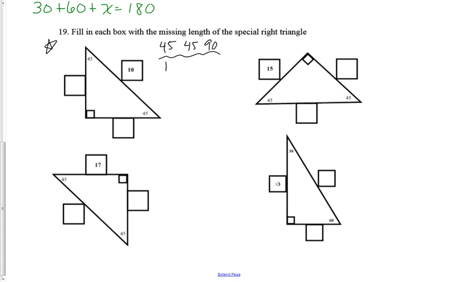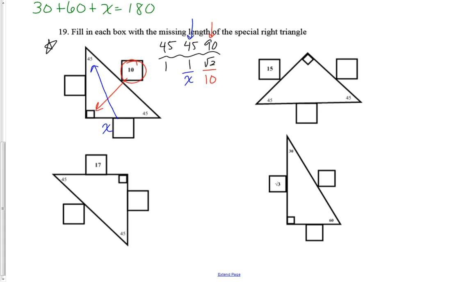Underneath the 45 is a 1, underneath the 45 is a 1, and underneath the 90 is a square root of 2. I'm first going to place the 10. The 10 is across from the 90, so under the 90, I make a fraction with the square root of 2. I'm going to call this side x, and this side is across from a 45, so under the 45, I'm going to make a fraction with the 1.